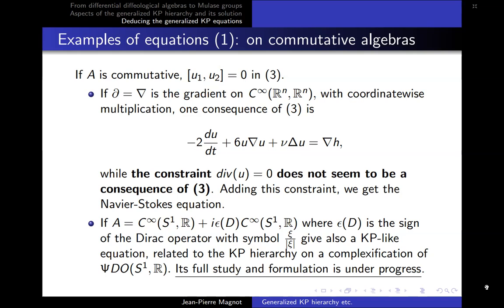That is, it is a class where to CDO of S1R we add the sign of the Dirac operator, which has a symbol which is not in CDO. You see, it is Xi over absolute value of Xi. So for Xi positive it is 1, for Xi negative it is -1.